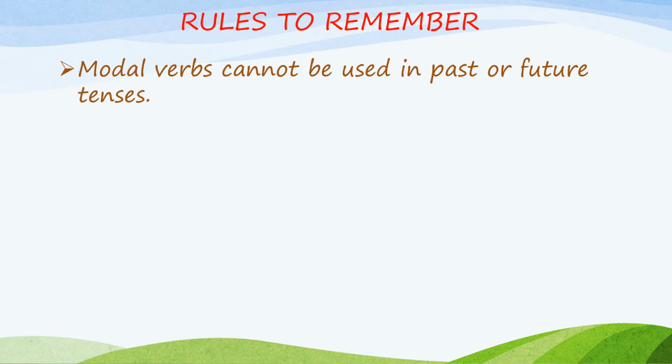Let's see one example. She must cook her food. You can see the verb form is V1. So this sentence is in present tense only.